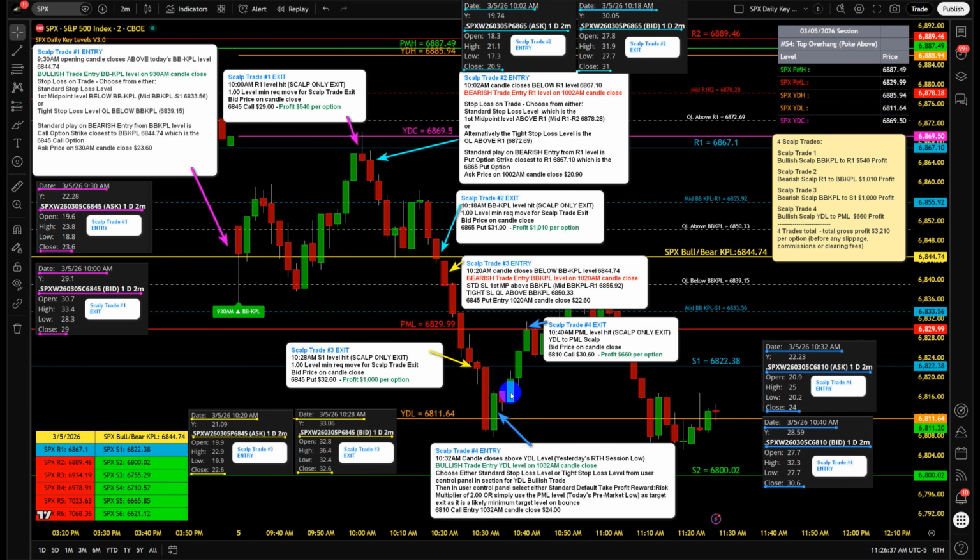So you could either use the reward risk multiplier, either the standard setting of 2, which is the default, or you could set it to whatever you want between 0.25 and 30, or you could simply set your stop loss and use the PML or one of the other levels, depending on which one of these other contextual levels.